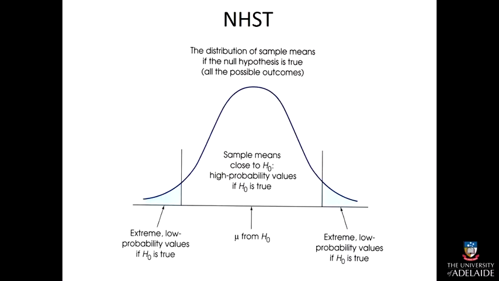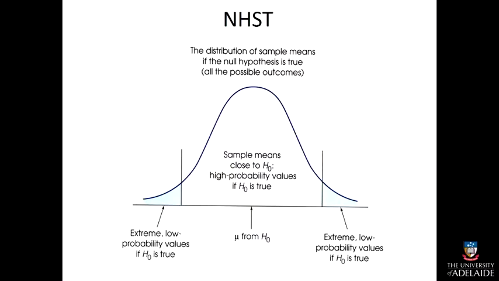We can specify what that distribution would look like for the null hypothesis, and it turns out that it will be our old friend, the normal distribution, which has elegant characteristics. It's symmetrical. Its mean is the estimate of the mean in the population.